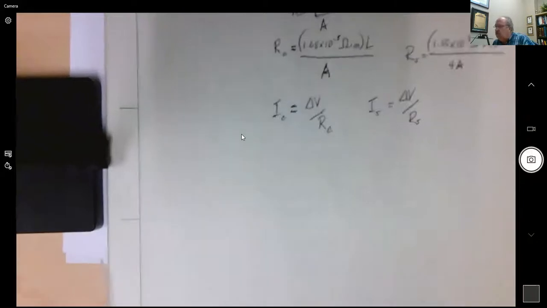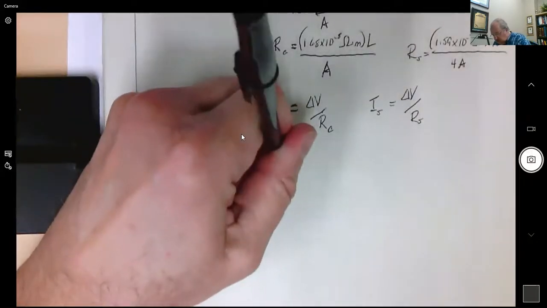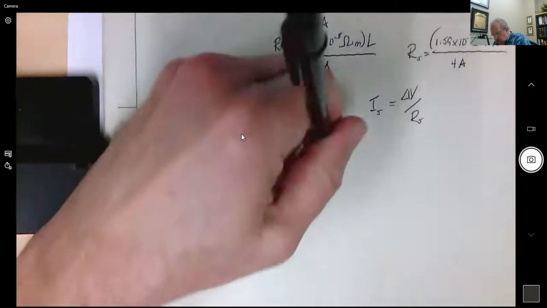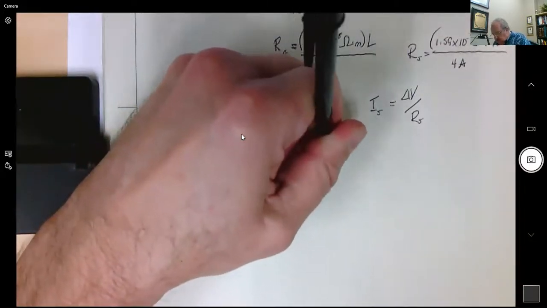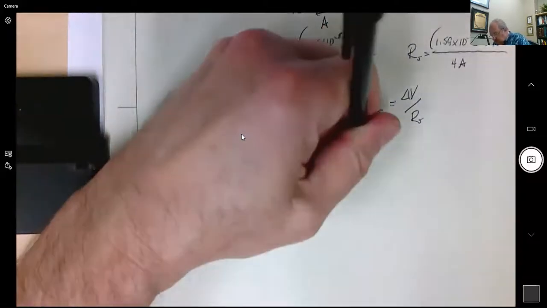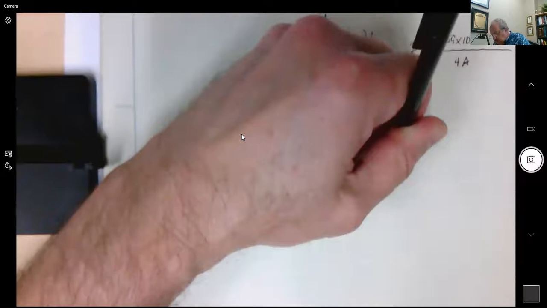So now, since we know that the voltages are going to be the same, then we can just say that delta V is equal to the current in the copper wire times the resistance of the copper wire. It's also equal to the current in the silver wire times the resistance of the silver wire.